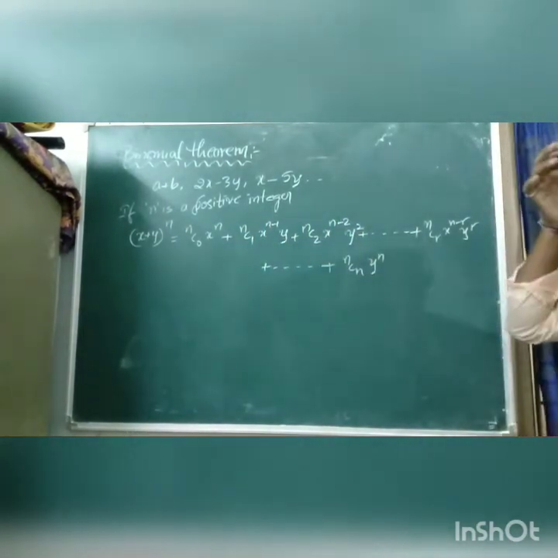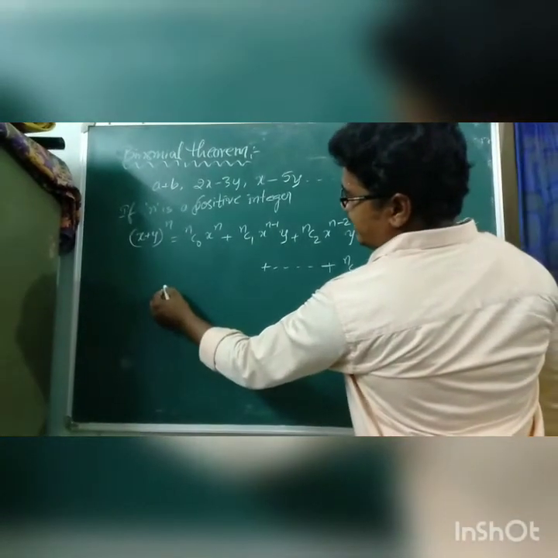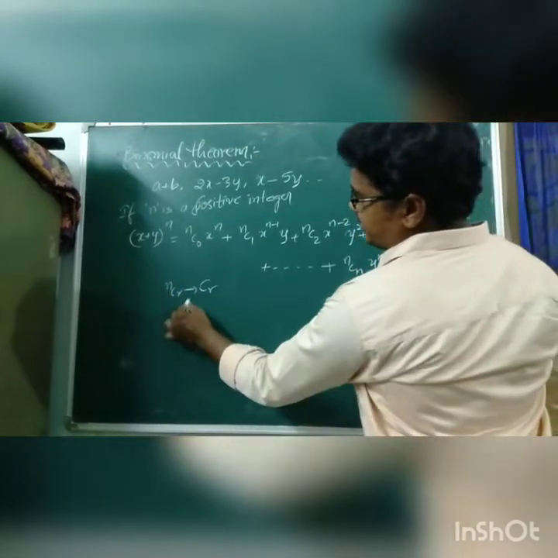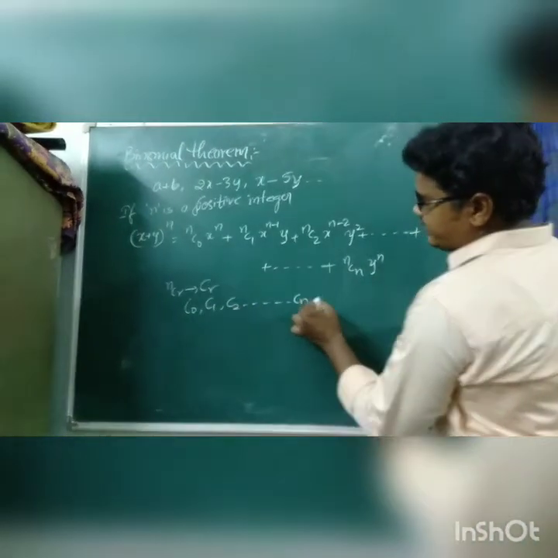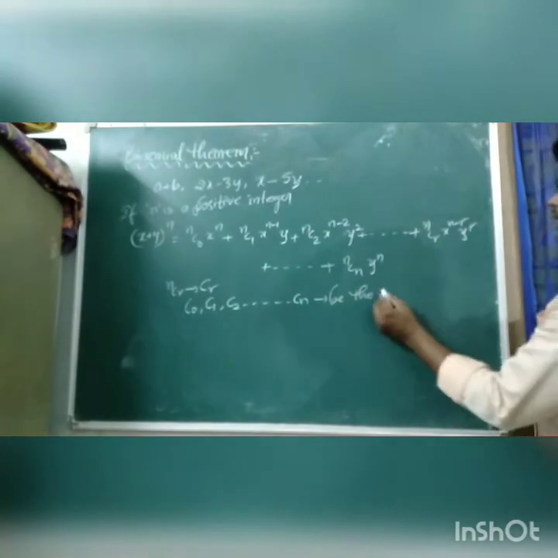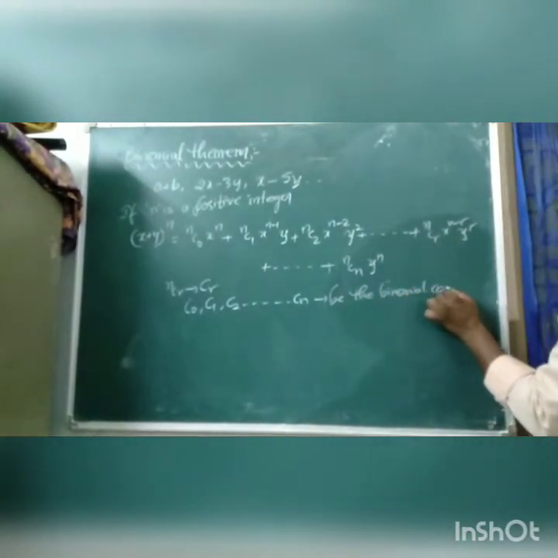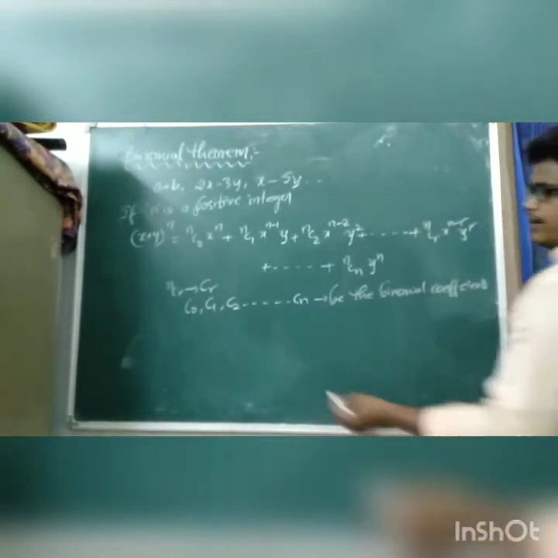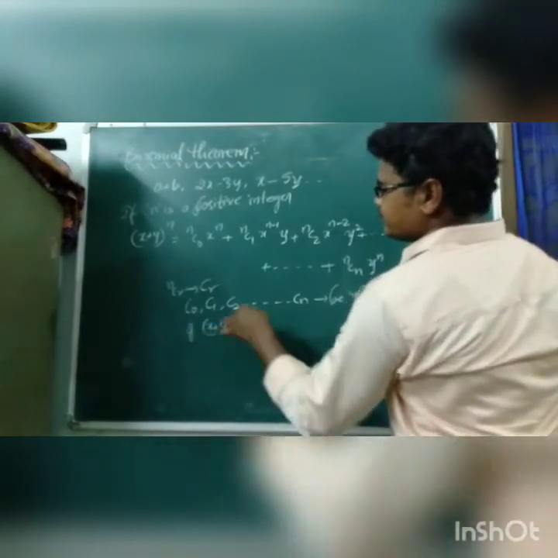Okay, now here what we observe is that, for our convenience, I am writing nCr as Cr. Means here C0, C1, C2 and so on, Cn are the binomial coefficients of (x plus y) whole power n.